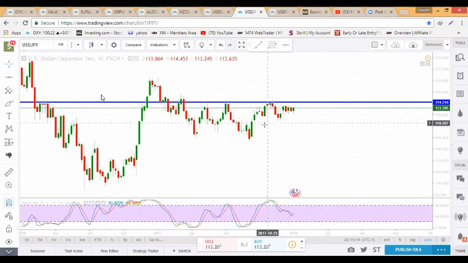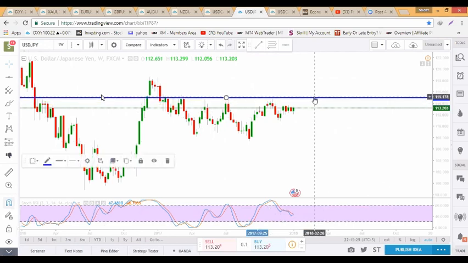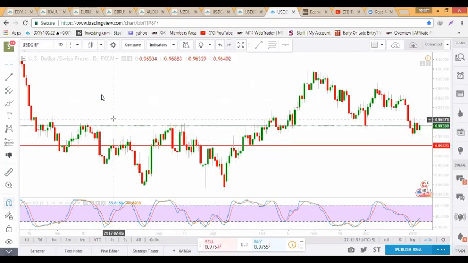But if we are expecting the US dollar to get stronger, in that view we can see a bit of a bullish move in JPY. Okay, so we move to the next pair, and it's my favorite, USD Swiss franc.